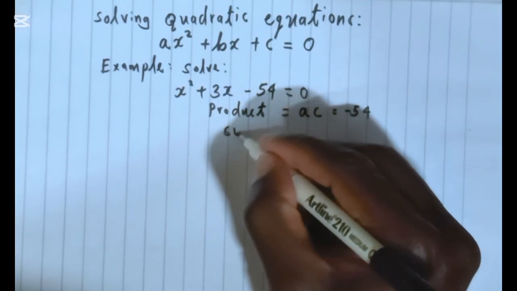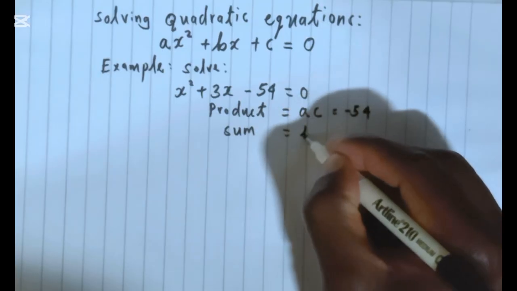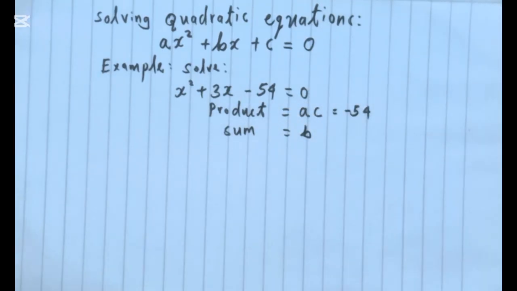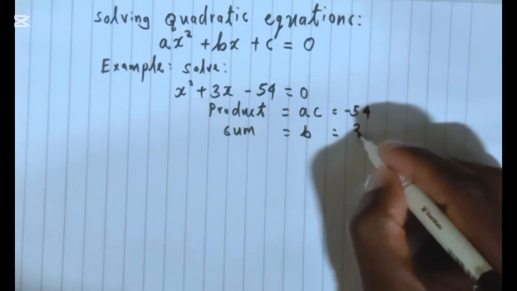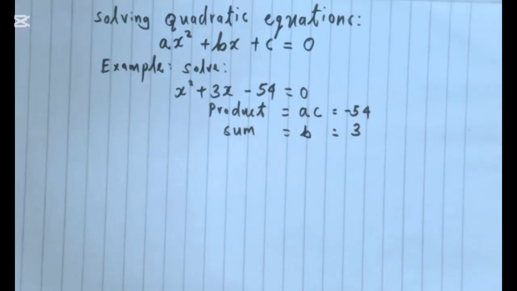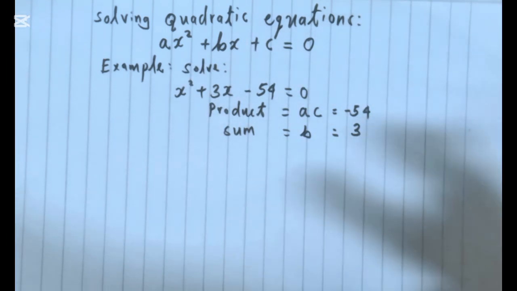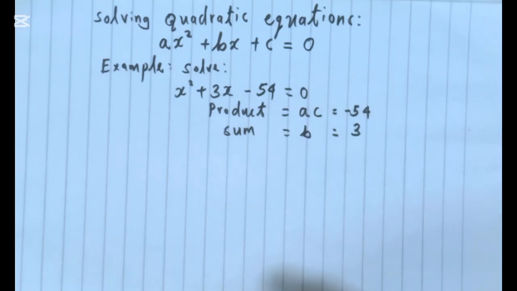Then you're supposed to think about the sum. And so when you're thinking about the sum, always look at the value of b in the equation. So in this particular case, our sum will be equal to 3. So we have to think of two numbers that when we multiply together will give us negative 54, and when we add them will give us 3.